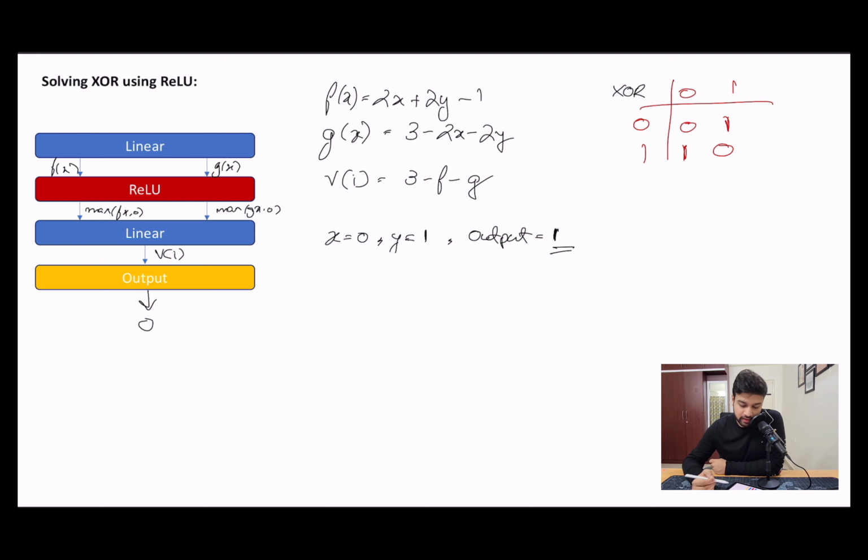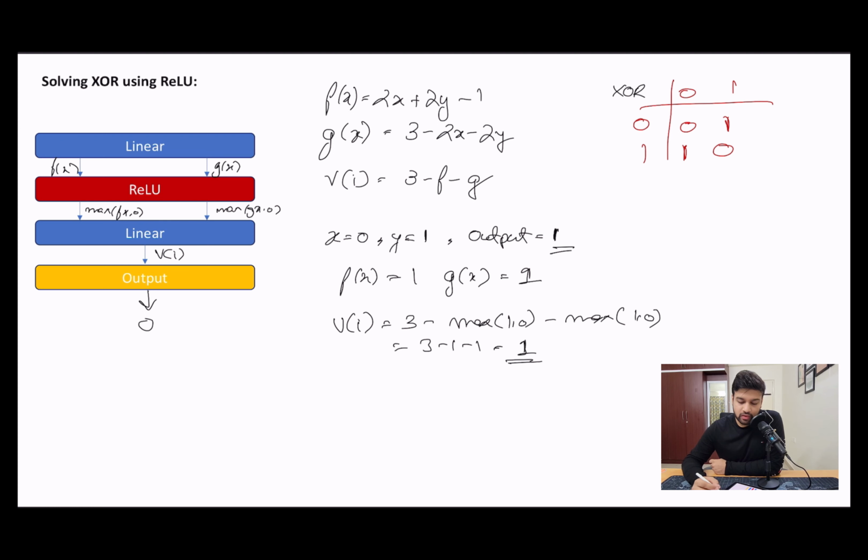Now let us solve for this. f(x) here becomes 1, g(x) here becomes 1, and then if I calculate v(I), which is 3 - max(1, 0) - max(1, 0), this is 3 - 1 - 1, which is 1, which is what we wanted.